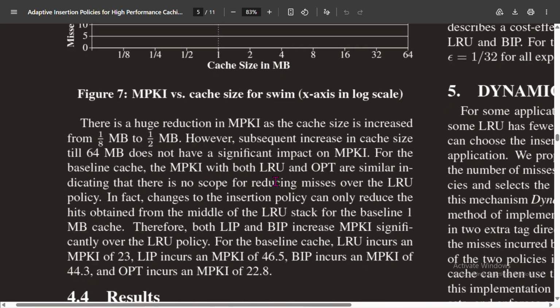There is a huge reduction in MPKI as the cache size is increased from 1/8 MB to 1/2 MB. However, subsequent increase in cache size till 64 MB does not have a significant impact on MPKI.